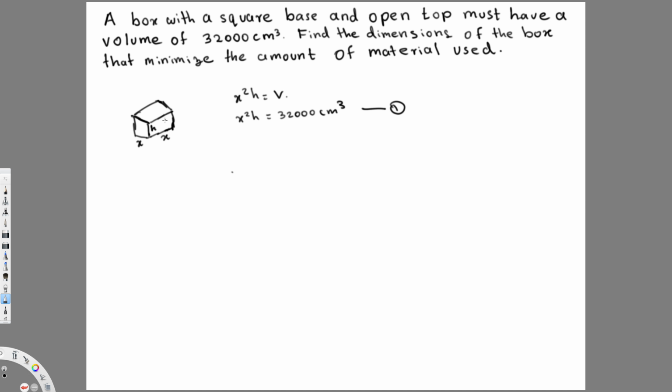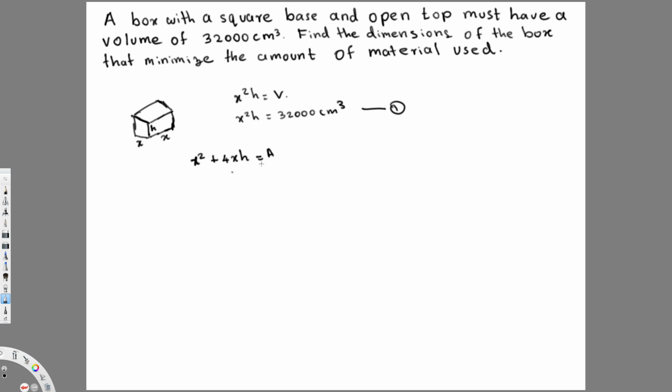In the bottom we have a square base, so the area of this one is going to be x square, and the area of this side is going to be xh, since it's height times width. Since we have 4 sides, it's going to be 4xh, and this is going to be my area: A equals x square plus 4xh.